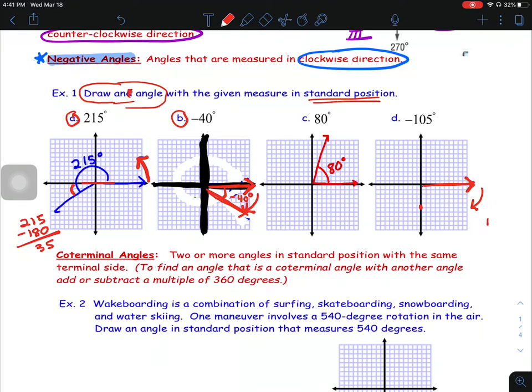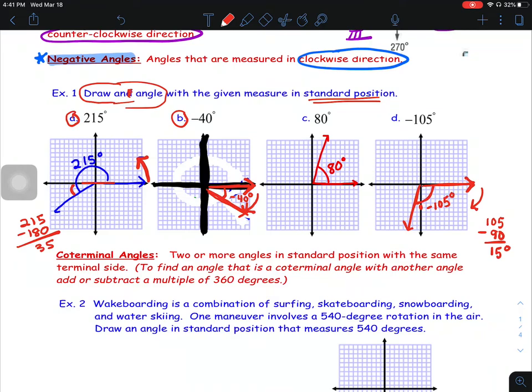So on my calculator, I might take 105 and subtract 90. That tells me I have a remaining 15 degrees that I need to go into this quadrant 3. So maybe right there would be a nice way to sketch it. When you sketch these, please put an arc right on the inside and label right inside there the angle measurement.